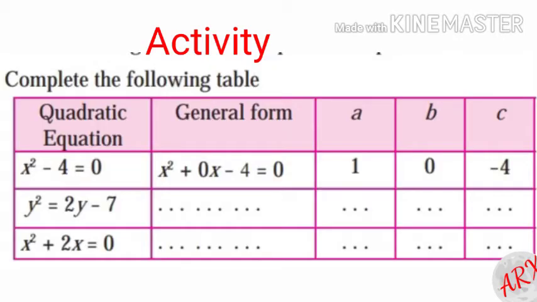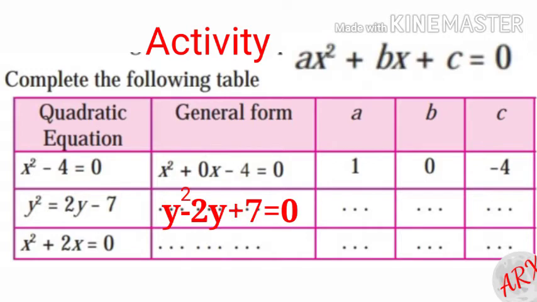Now complete the following activity. Complete the following table. First is solve for y. Quadratic equation is given. We have to write its general form and value of a, b and c. So we will take y square equal to 2y minus 7. So general form will be y square minus 2y plus 7 equal to 0.